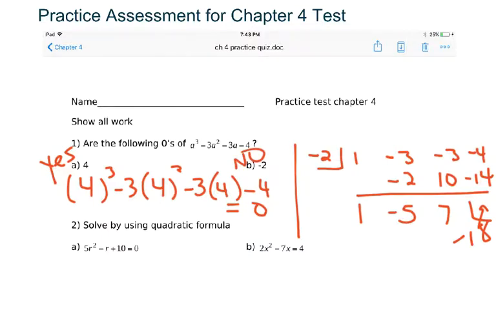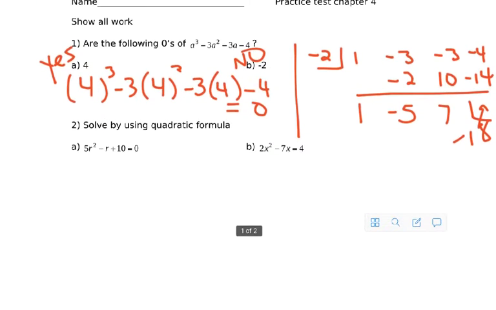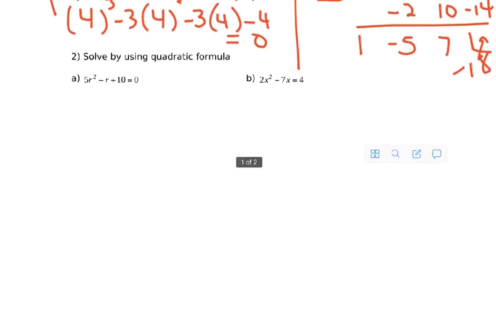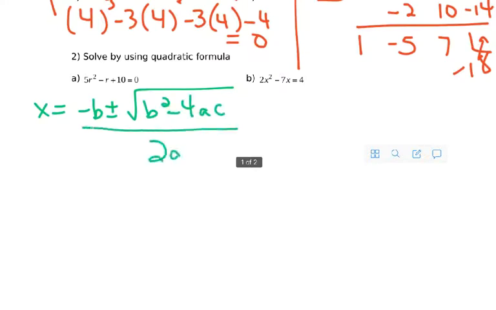In number 2, we're going to use the quadratic formula in order to solve these two quadratics. The quadratic formula: x equals -b plus or minus the square root of b squared minus 4ac all over 2a. In problem A, a is 5, b is -1, and c is 10.